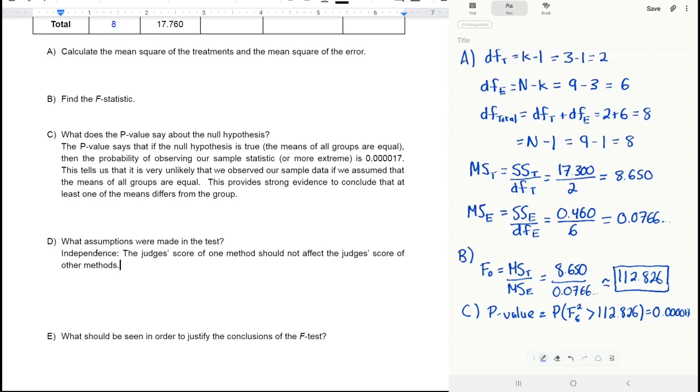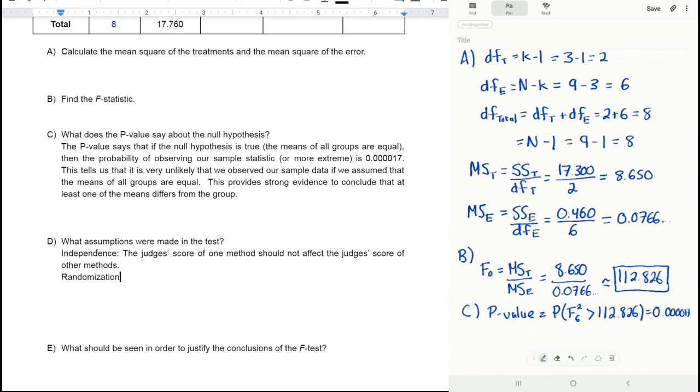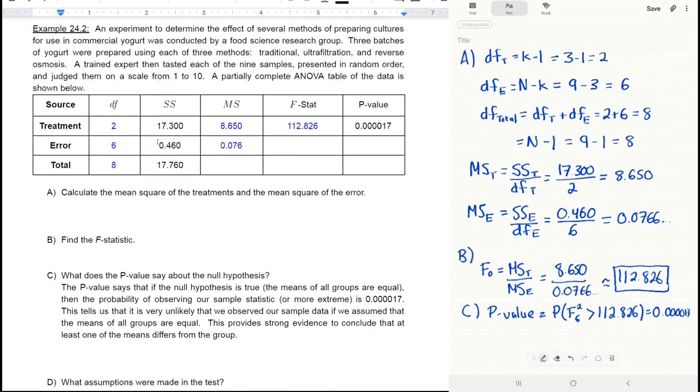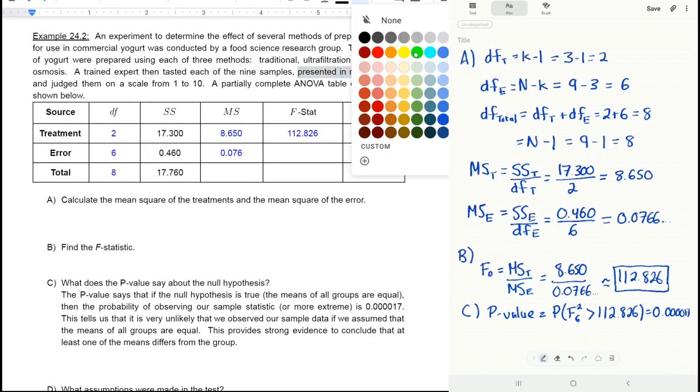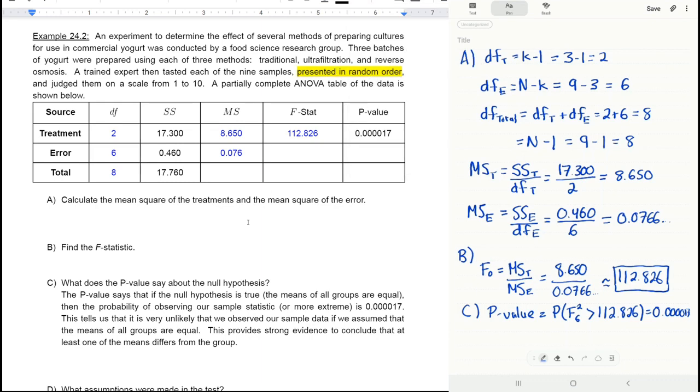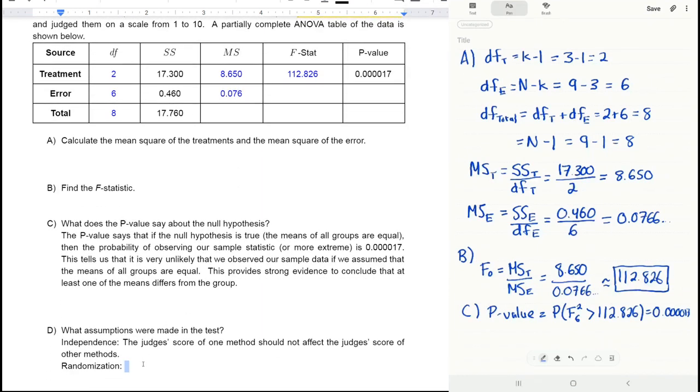So they should be independent of one another. To check for independence, we look for randomization. So we're given that the samples were presented in random order. So the 9 samples were presented in random order, and so this condition is met.